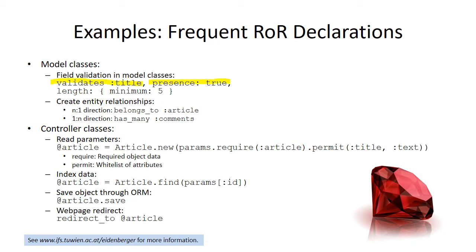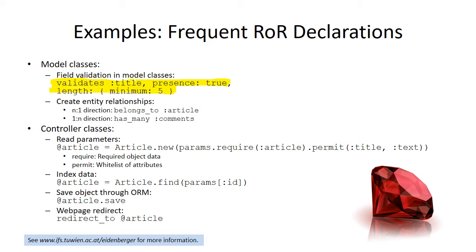We request it to be there, so it must not be null, and we furthermore say that it has a minimum length of 5 characters. In this form, other requirements can be defined and are then automatically evaluated by the system.